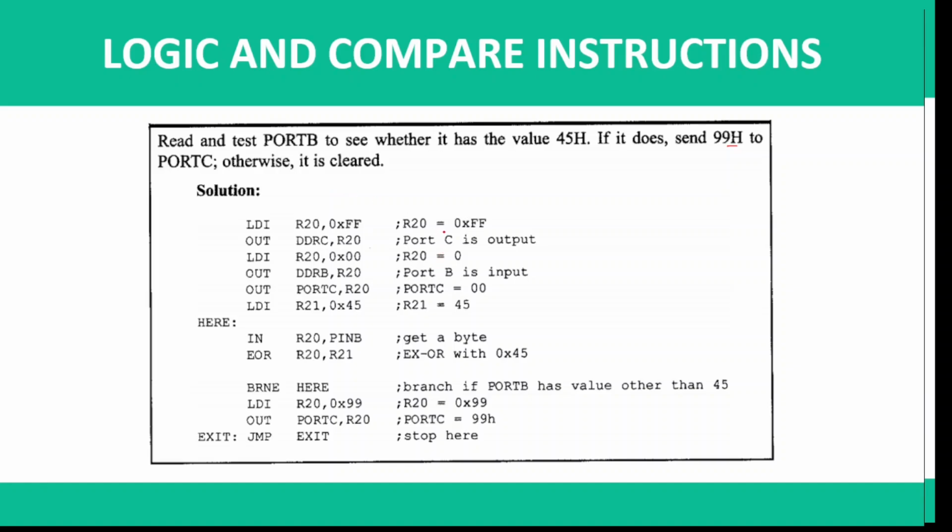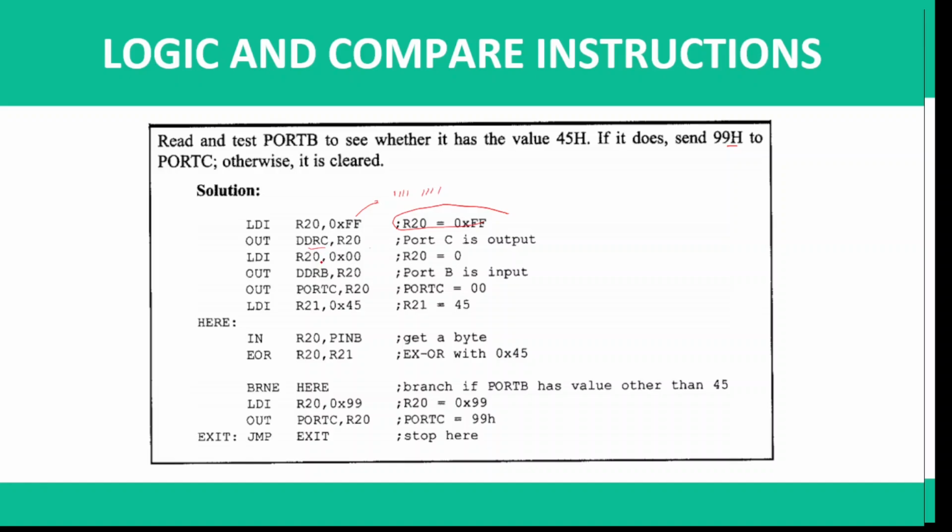First, we have to set DDRC as an output. To do that, we need a value of R20 equal to 1, or set. So we have 0xFF loaded to R20. This FF is equivalent to eight 1s, meaning all the bits in register 20 have a value of 1.